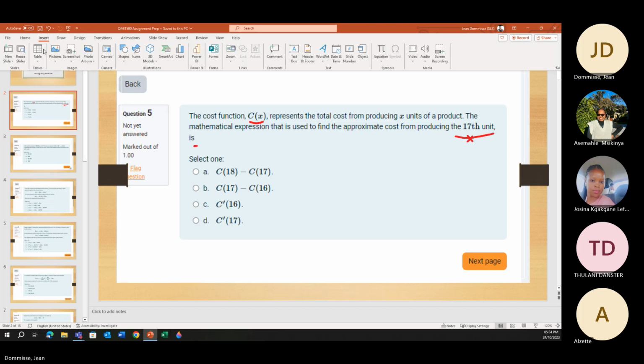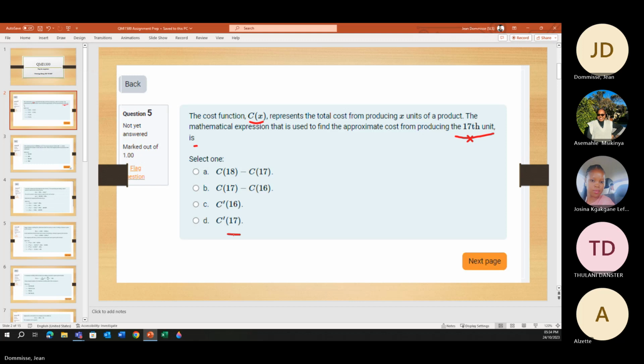I would also have said D, because from total cost, you will need to go to marginal cost. And for that, you will need to take the first derivative of the C function. So for me, it would have been C or D.